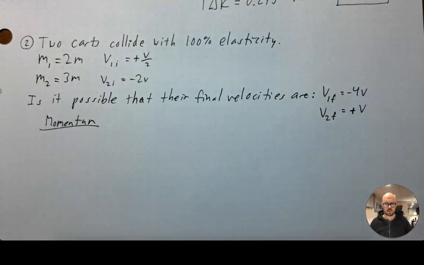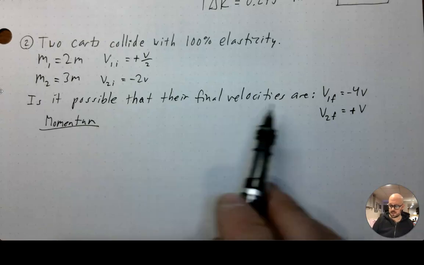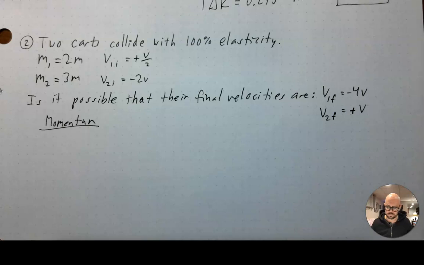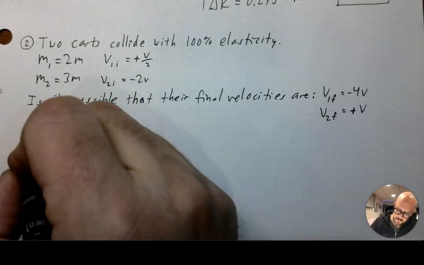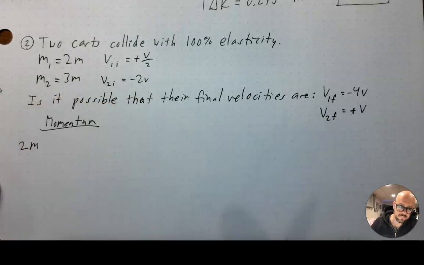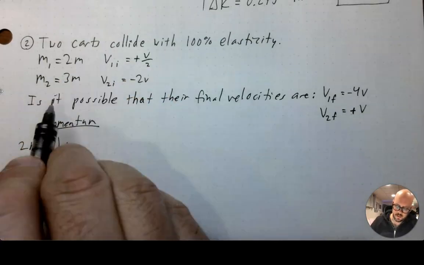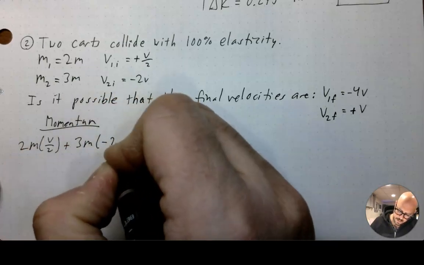And instead of setting up momentum and solving for a variable, I would verify this by saying, well, if these velocities are possible, then the total momentum would be the same. So the initial momentum and the final momentum would be the same value. So I'm going to start with the initial momentum. So that's going to be 2m times v over 2, and then the second object, 3m times negative 2v.